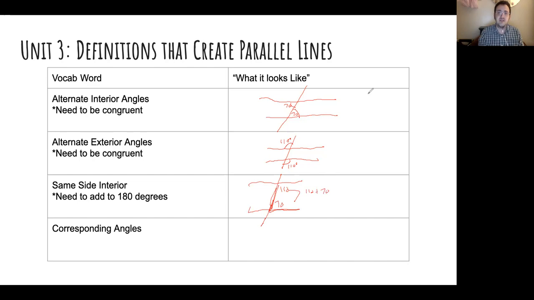So where we may see the alternate interior in triangles, I just draw another example. So if we have a situation like that, that is an alternate interior and parallel symbol on a diagram. This means parallel to.